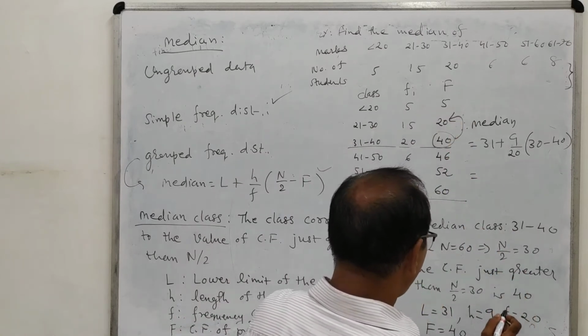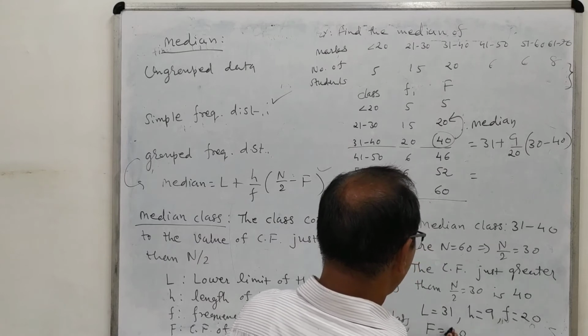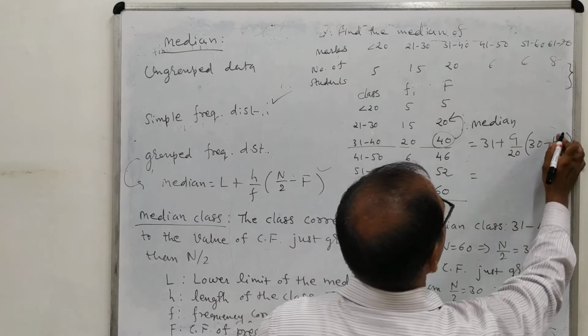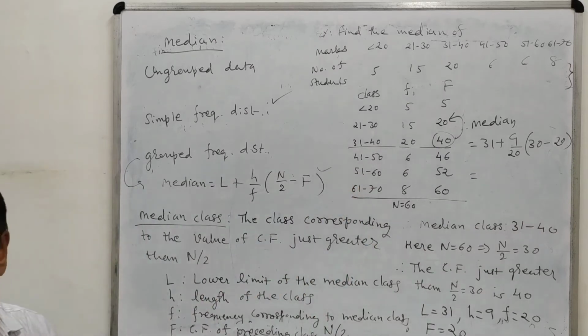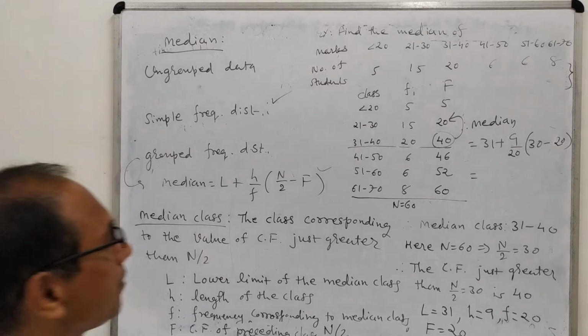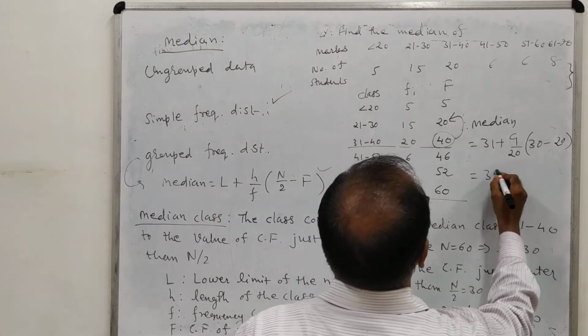So here capital F we have is 20. So we will put this value 20, equal to capital F. Be sure that capital F is the value preceding the median class. If we calculate this value, we will get the answer 35.5.